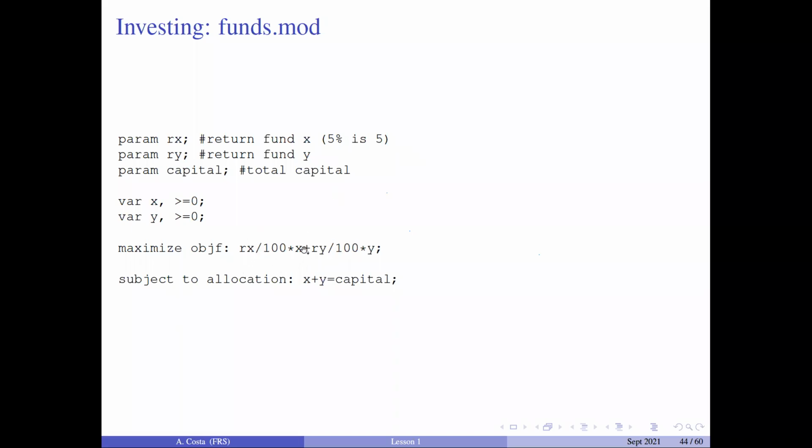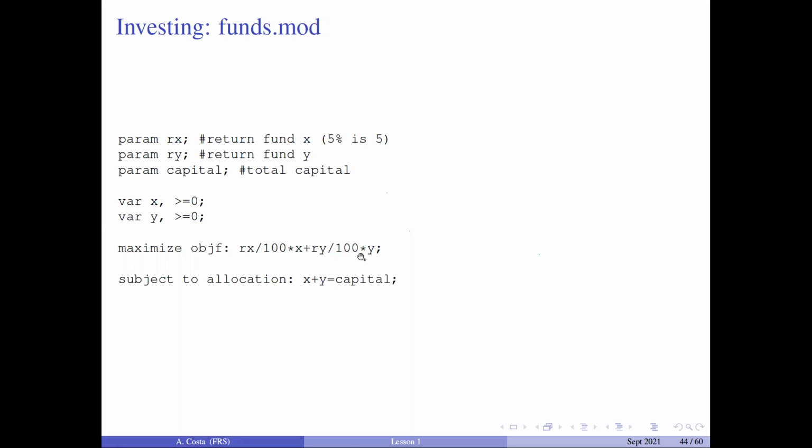So the objective is the fund X times the return, right, is the return from the fund X. So if I put 10,000 here and I know I get 5%, then I do 5% times 10,000, and this is what I gain.